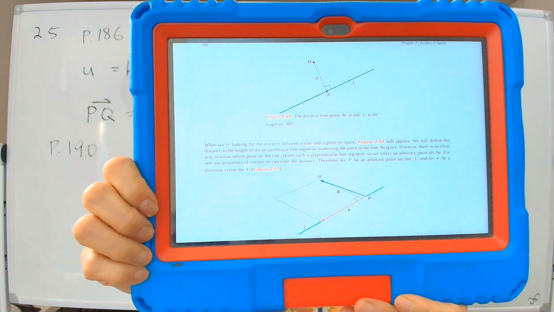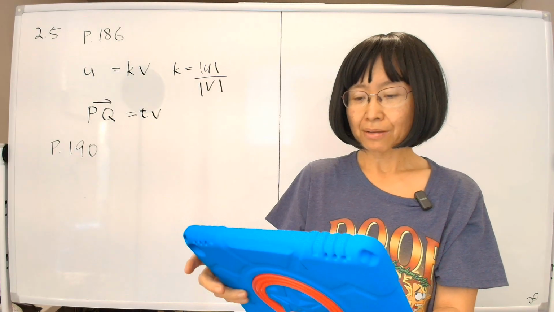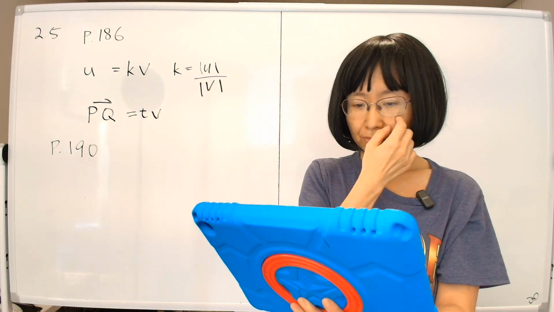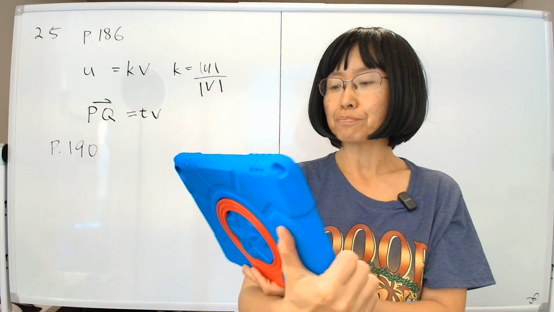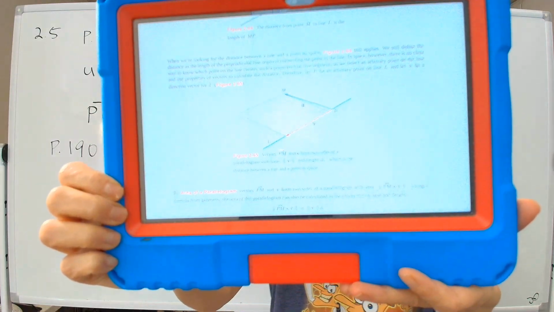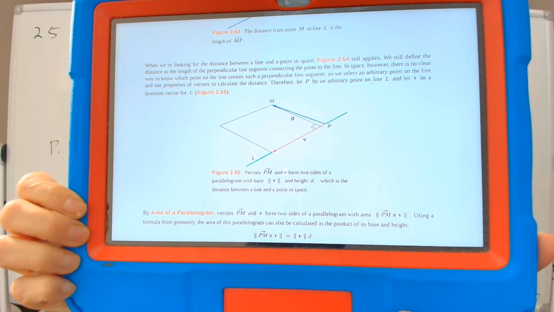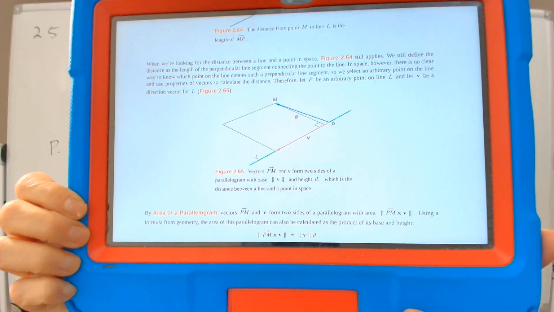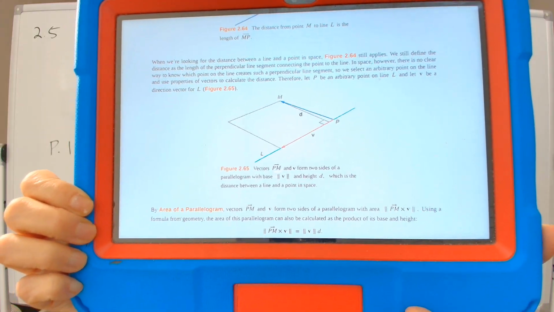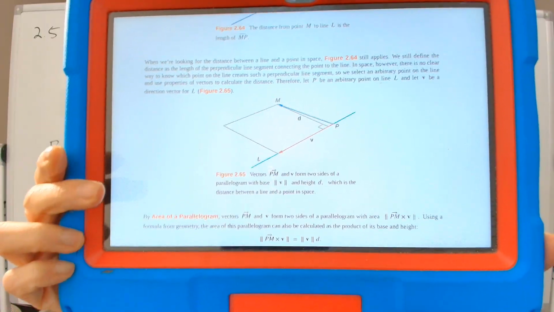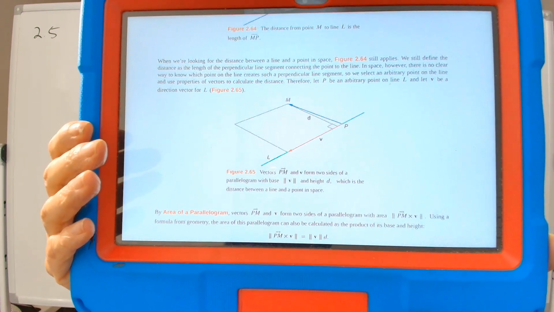What happens is that first you will calculate the vectors. What you're going to do is pick some point on the line, we'll call it point P. Then we'll pick another point on the line, it doesn't matter where it is, so that we can calculate a vector V along the line.